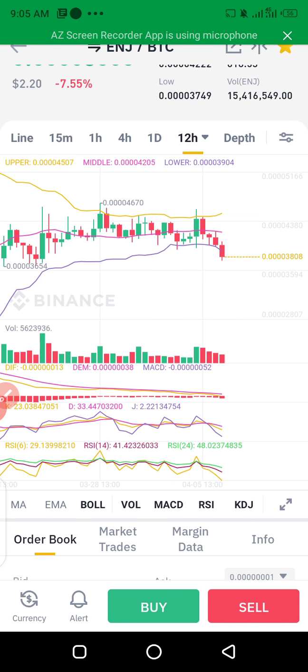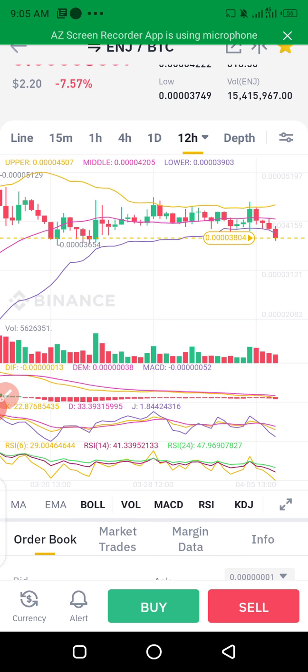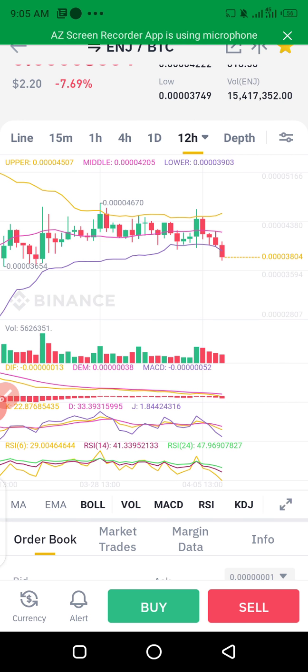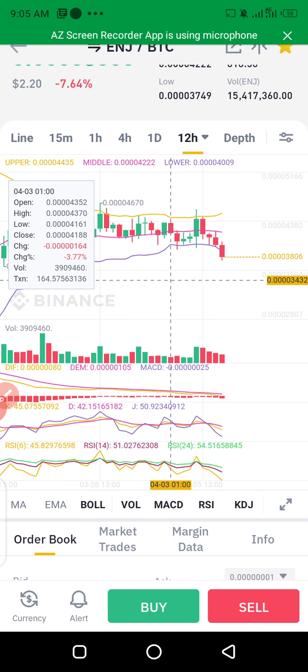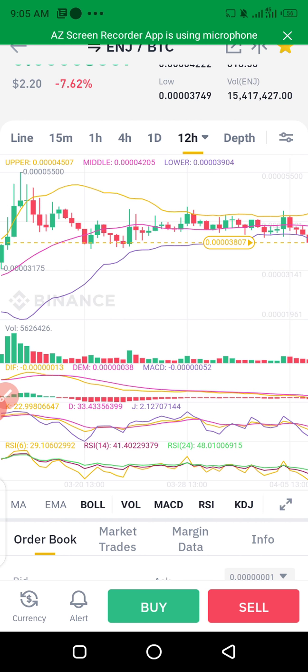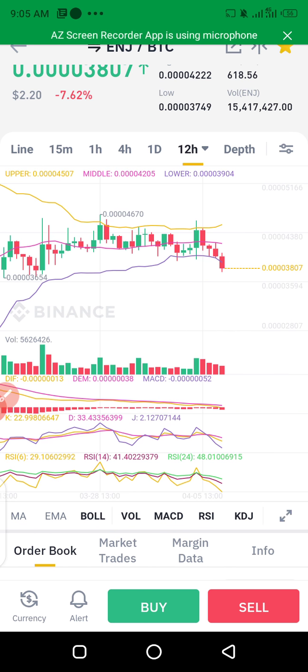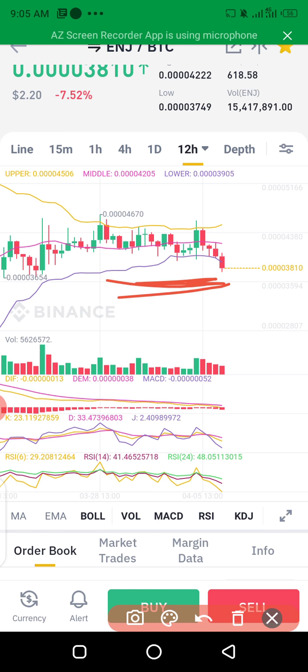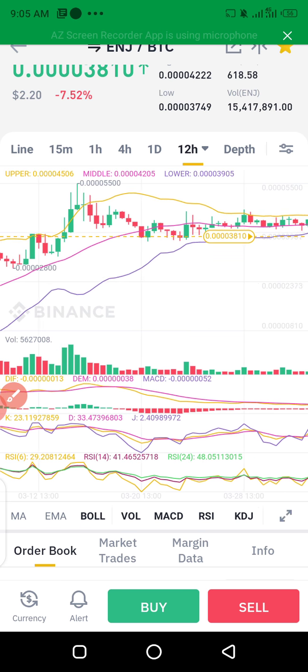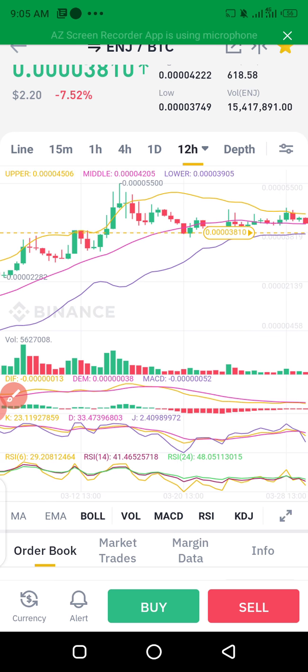You can call this background line a support line. This is the present background line I'm talking about. When you scroll back here, this background line touches the market here.